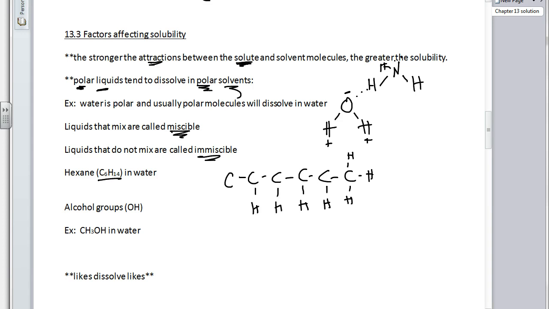And so we have a nice symmetrical molecule that is nonpolar. There we go, got all our hydrogens in. Sometimes they like to write these as CH3, CH2, CH2, CH2, CH2, CH3, but it's a very nonpolar molecule, and so these guys are immiscible. They're not going to mix, they're not going to dissolve, because one's polar, one's not.